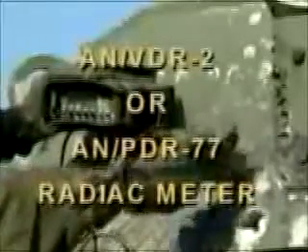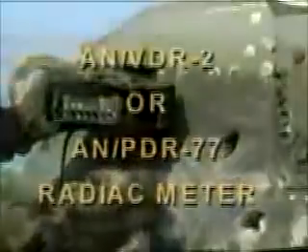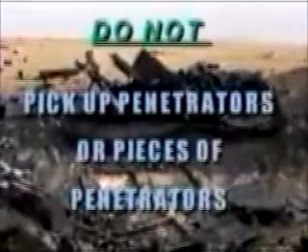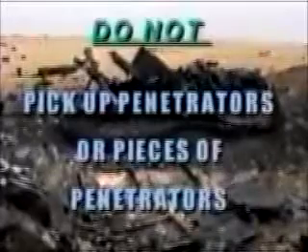These meters can also be used to determine whether a spent penetrator on the battlefield is DU. As with all battlefield debris, do not pick up penetrators or pieces of penetrators that you find on the battlefield. Notify your chain of command so they can coordinate a response.